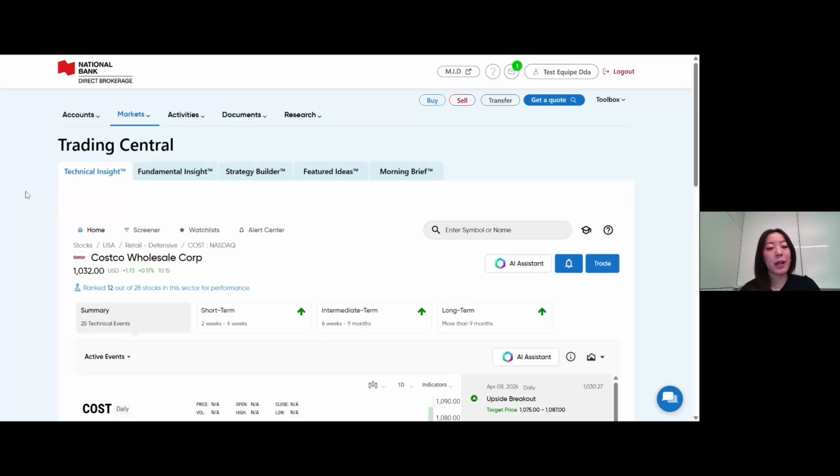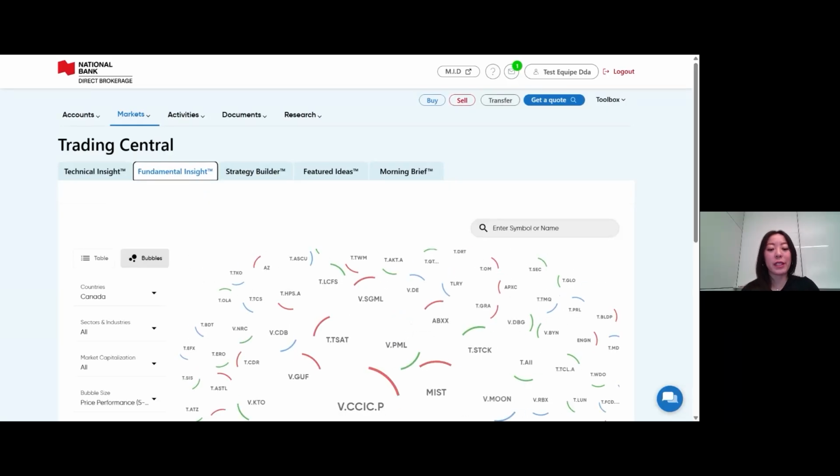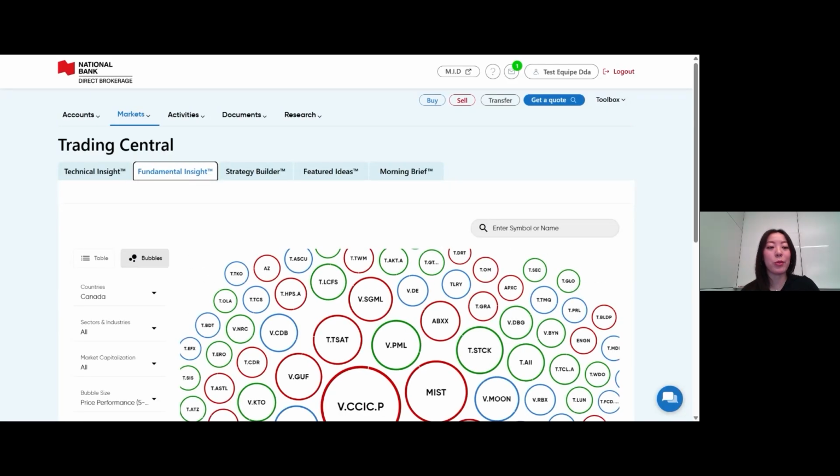Now, we can also apply a similar approach with the next tool, which is the Fundamental Insight tool offered by Trading Central. Previously, you had the Technical Insight, which is powered by technical analysis. This time around, the Fundamental Insight tool is powered by fundamental analysis.